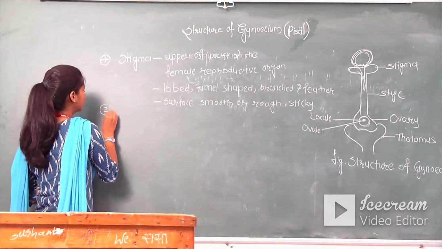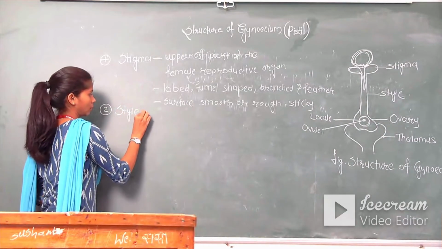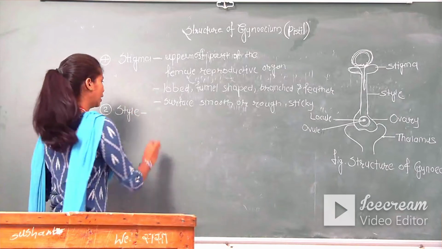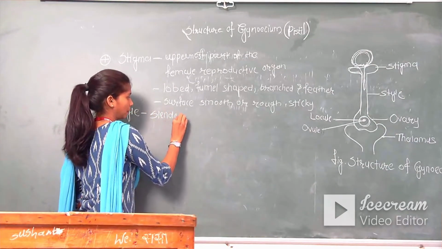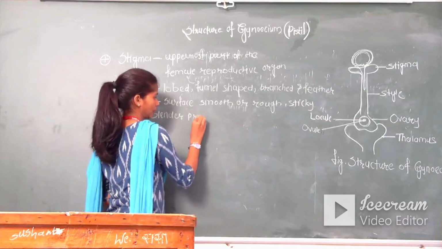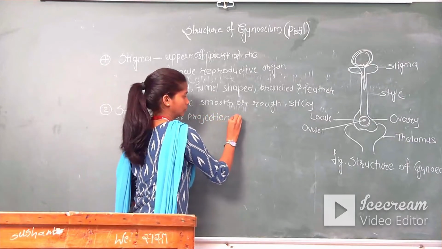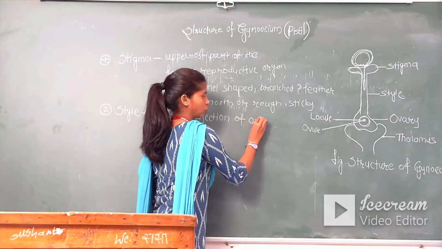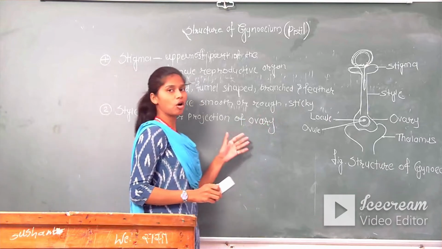Second part is style. What is style? It is the slender projection of the ovary.